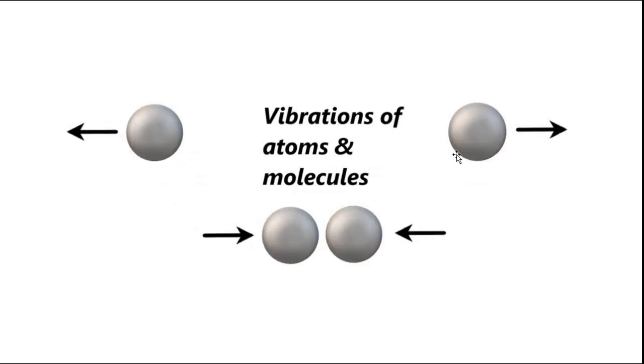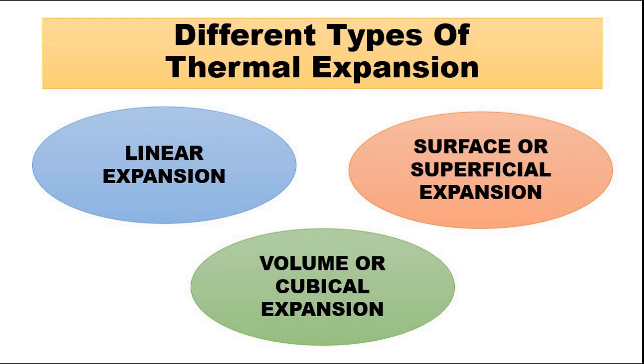This results in the expansion or increase in size in terms of length, surface area, and volume. This is the basic reason. There is a lot more to it, but for now keep it at this basic level, without complicating things. In this video we will be discussing linear expansion.